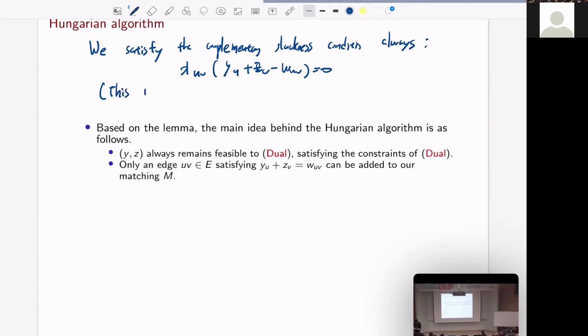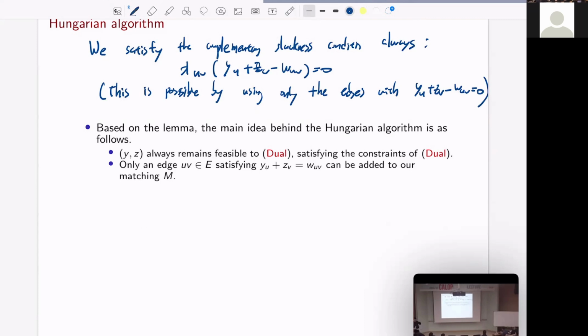This is possible by using only the edges with y_u plus z_v minus w_uv equals 0.